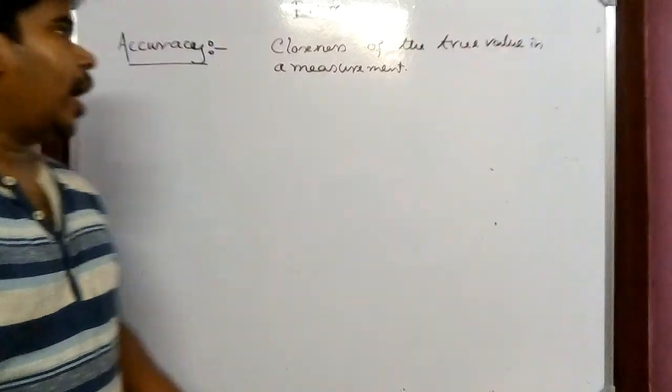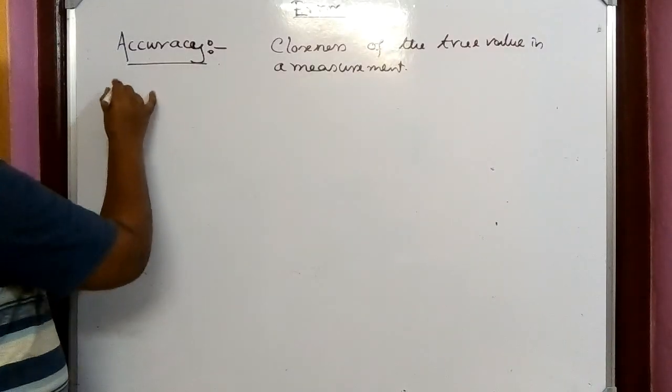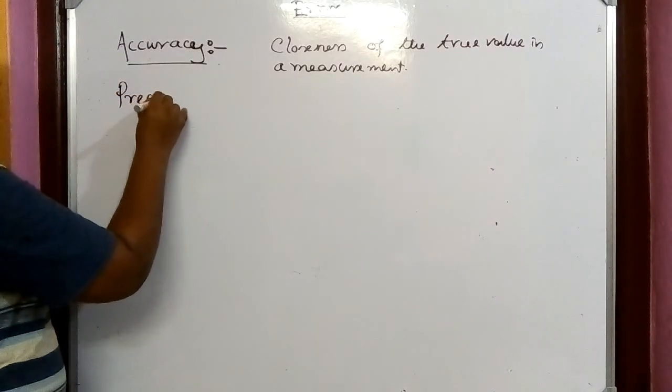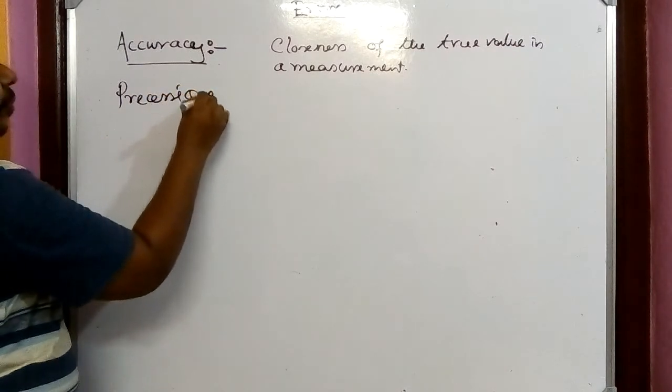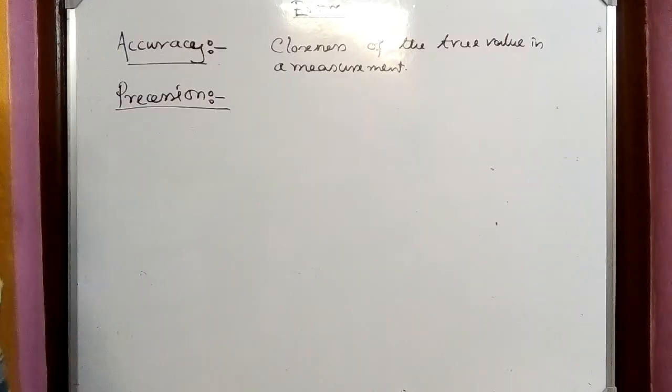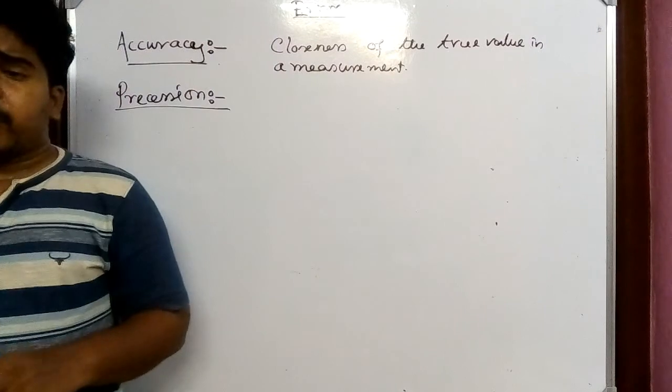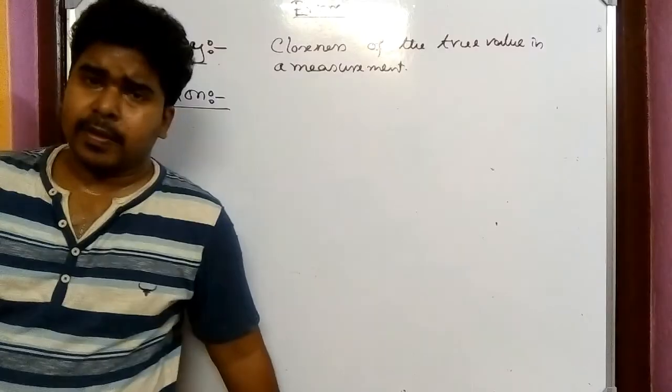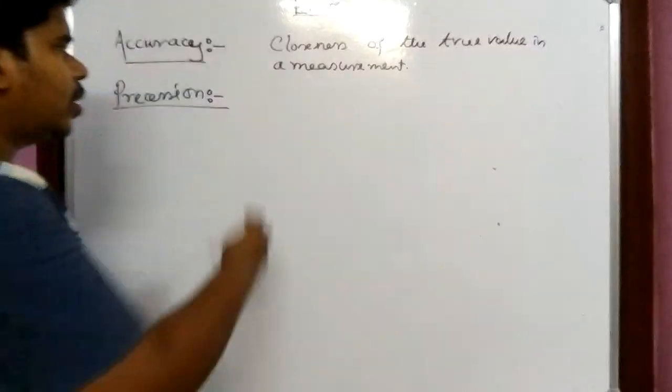Along with accuracy, another term has come, that is precision. What is precision? Precision is known as the limit of measuring the smallest value.